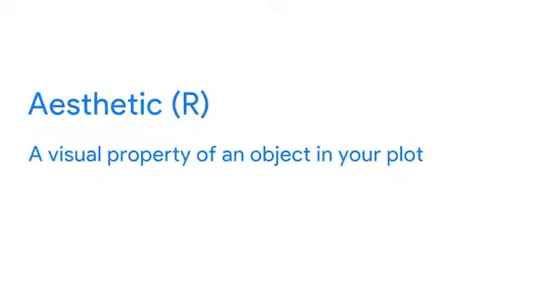Hello again! In this video, you'll learn how to change the aesthetics of your visuals, which can help you present your data in a more compelling way. With aesthetics, you can highlight key points in your data and communicate more clearly and effectively with your stakeholders. Earlier, we learned that an aesthetic is a visual property of an object in your plot.